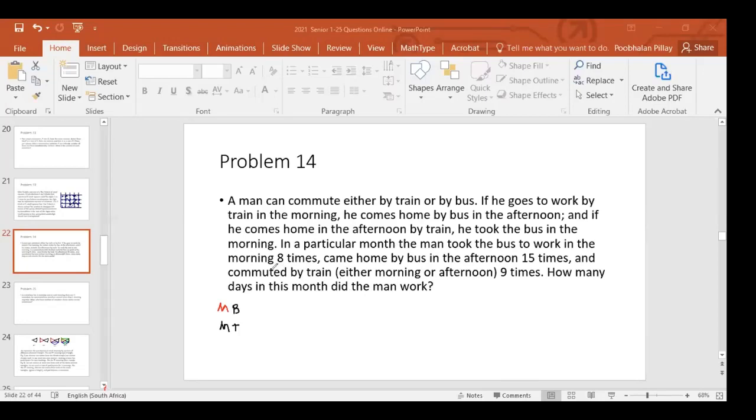If he took the bus in the morning 8 times and he came home by bus in the afternoon 15 times, because if he is traveling by bus in the morning, he's traveling by train in the afternoon, and if he travels by train in the afternoon, he travels by bus in the morning, and he commuted by train, either morning or afternoon, 9 times.